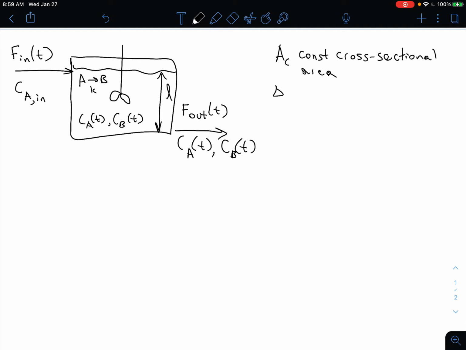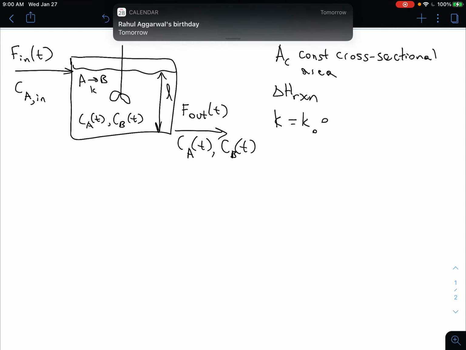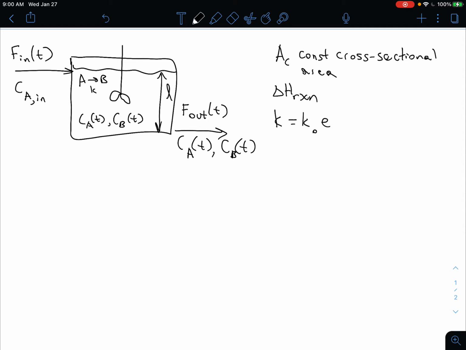There is a delta H reaction, a heat of reaction that's constant, and also the rate constant follows the Arrhenius equation, k0 e to the minus EA over RT. And fluid density rho is constant.